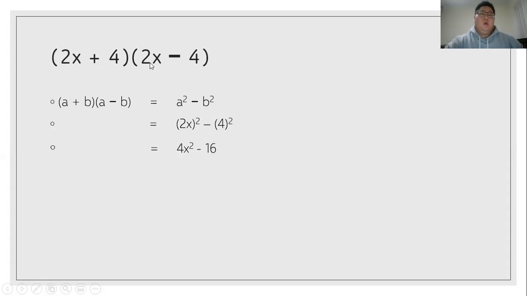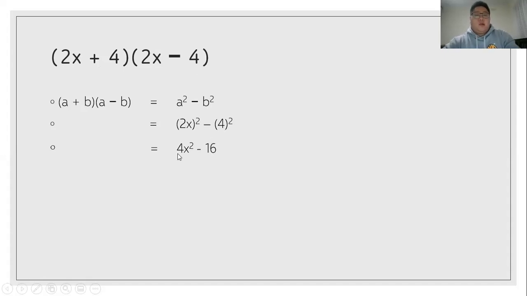Next one, a little bit harder. (2x plus 4) all times by (2x minus 4). So again, it is the same formation. One has a positive and the other bracket has a negative. a is our 2x plus, and our b is 4, and it's 4 here. So a squared would be (2x) squared. Then we have our minus, which is this rule here. And then we bracket our b, which is our 4.